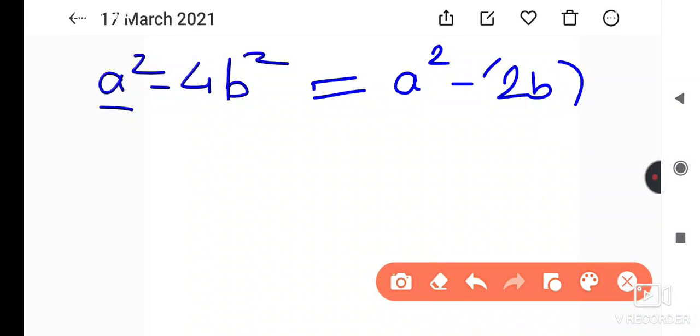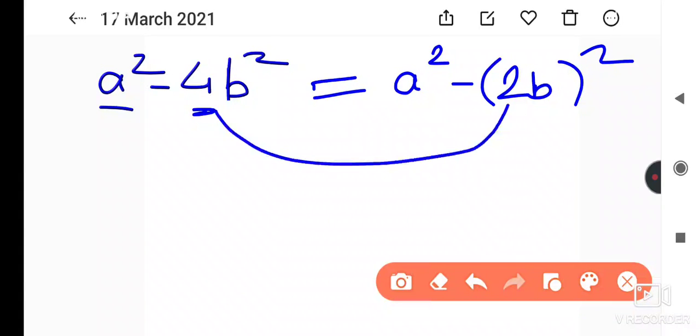(2b) square. Whatever I wrote, is it correct or wrong? It is correct. The reason behind it is that here instead of writing 4, I took 2, its square root, b its square root, and bracket square means (2b) square, 2 square is 4 and b square is b square.